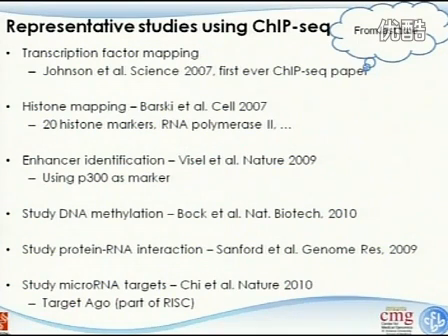All these studies are hallmark studies, and there is one thing I didn't mention here which is also very important, which is the ENCODE project. ENCODE is the annotation of the human genome and several other model organisms, and ChIP-seq has been very extensively used in those projects.